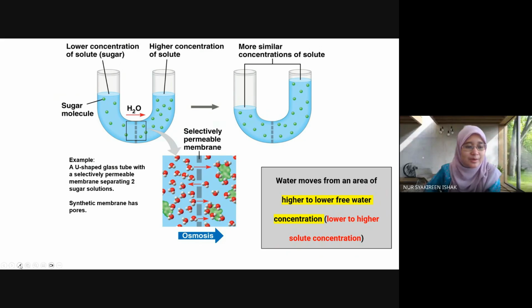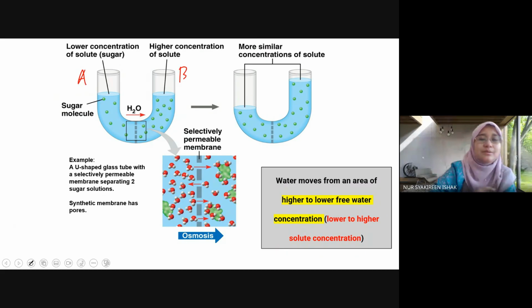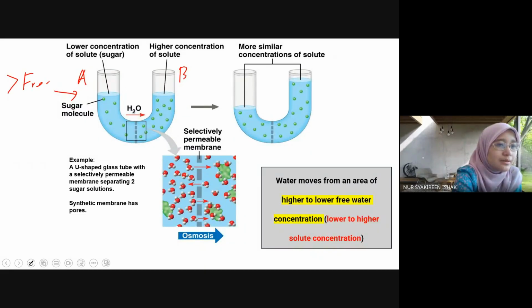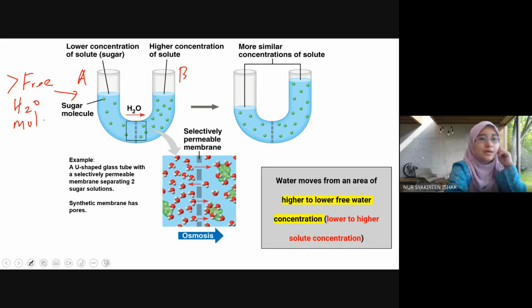Let's say this side here we label as A, and this side is B. On the A side, as you can see, it has a lower concentration of sugar, which means this side has more free water molecules. Lowest concentration of solute, in this case sugar. So the A region has more free water molecules.